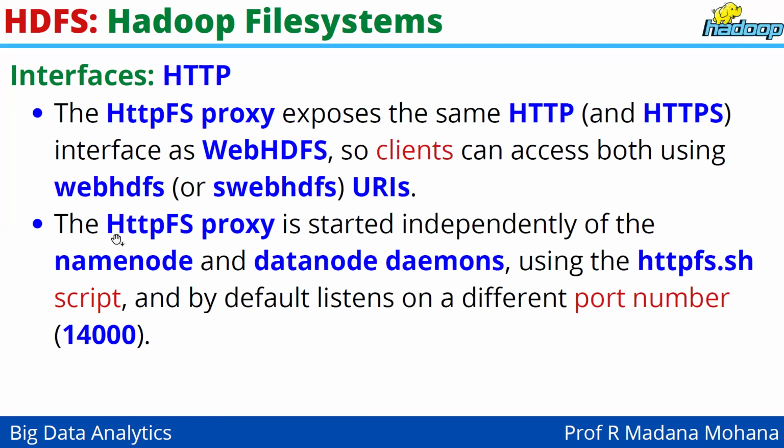The HTTPFS proxy is started independently of the name node and data node daemons using the httpfs.sh script, and by default listens on a different port number, that is 14,000.